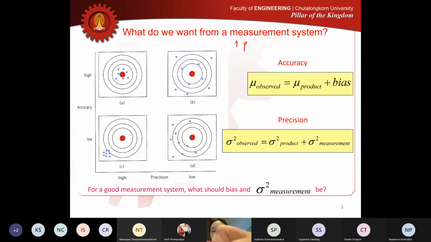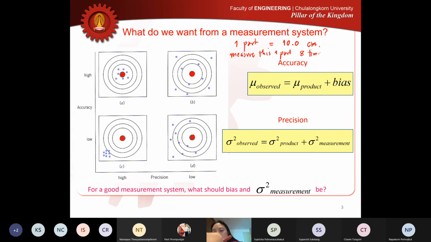Suppose we take one part, and the correct number for that part is 10.0 centimeters, for example, which is shown by the target here. Then we measure this one part several times, for example, 1, 2, 3, 4, 5, 6, 7. In this case, suppose we measure it 8 times.